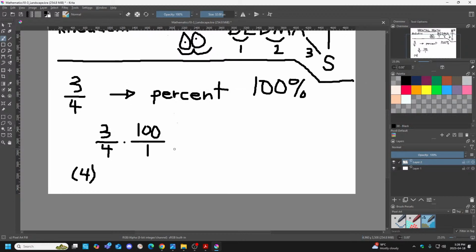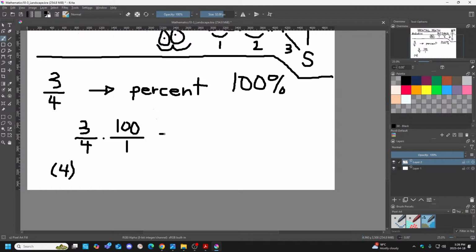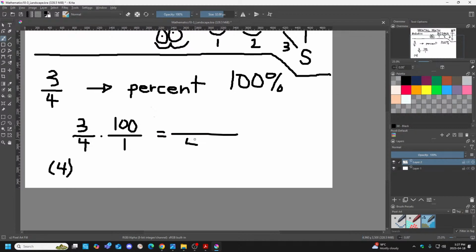Is this going to work? I don't know. I know we're still working with fractions. Let's see. I wonder if that might work. Well, let's just see what happens. Let's just play around with the numbers and see if we can figure things out. So I'm just going to put everything over top of one large fraction.